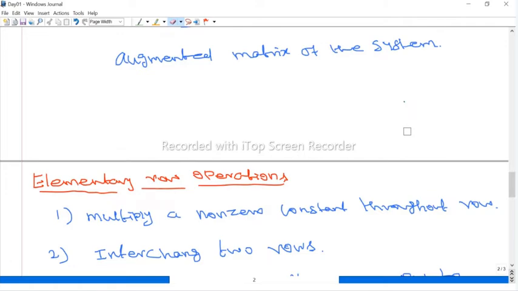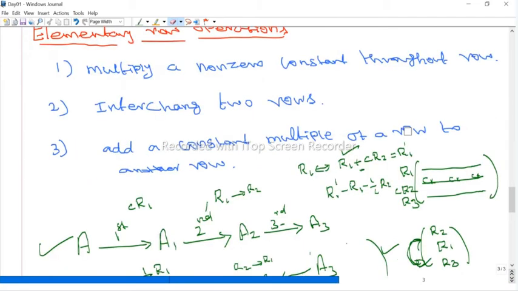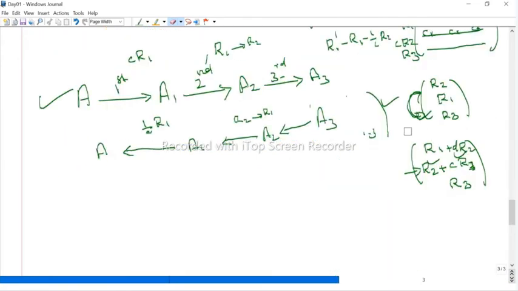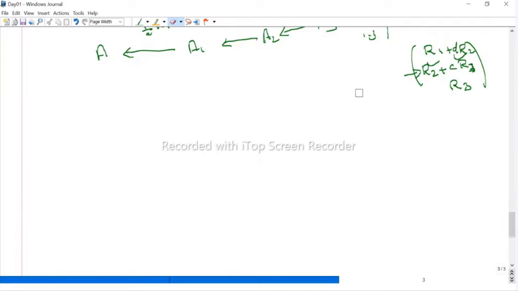Suppose we have two systems. Suppose one system is AX equal to B in the matrix form. Suppose we have another system, CX equal to D.